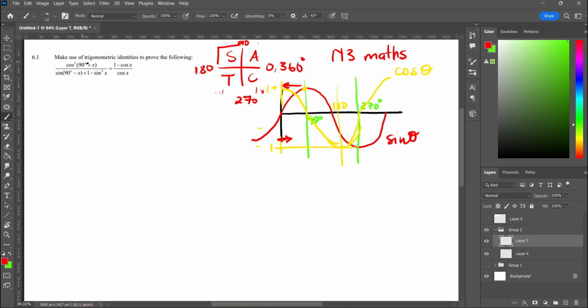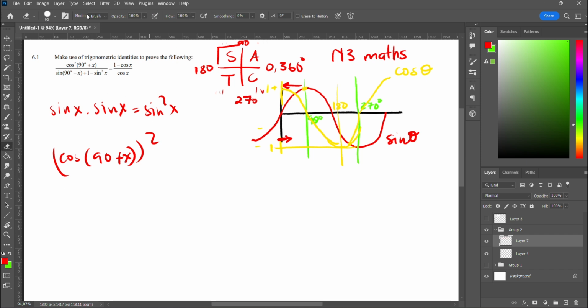Yeah, so if you have cos that, you're gonna have that in the negative thing, but it's also squared, which is a problem, because sine x times sine x is equal to sine squared x. So if you have this square, it literally means cos 90 plus x all squared, which is not the same as all that.